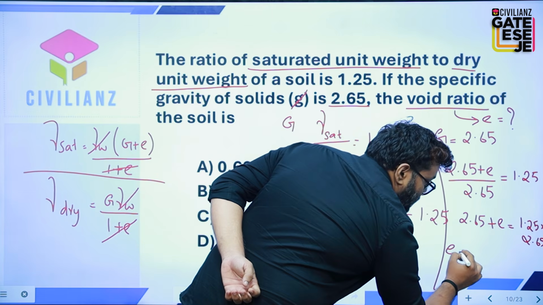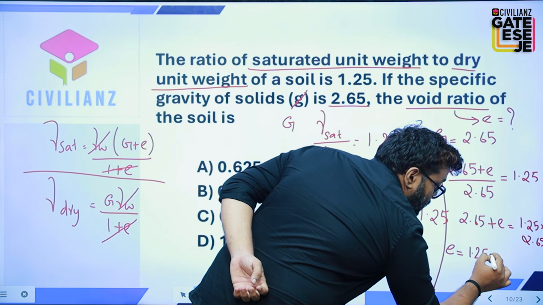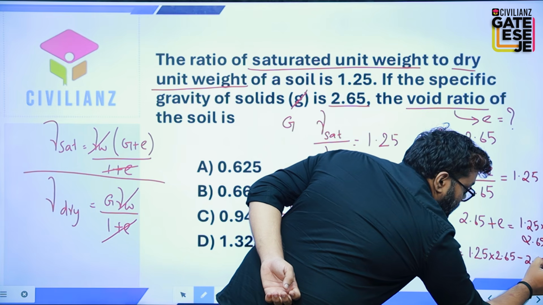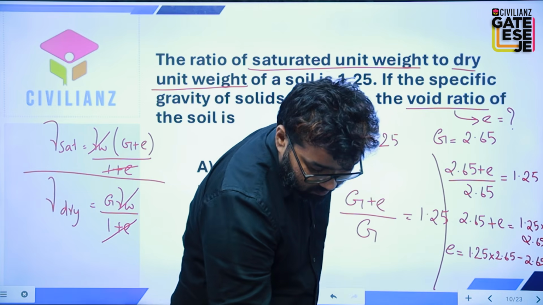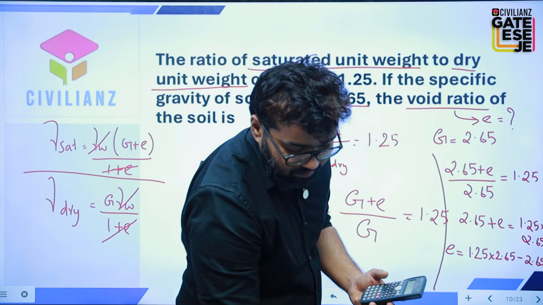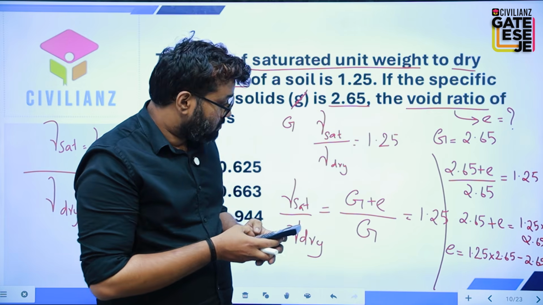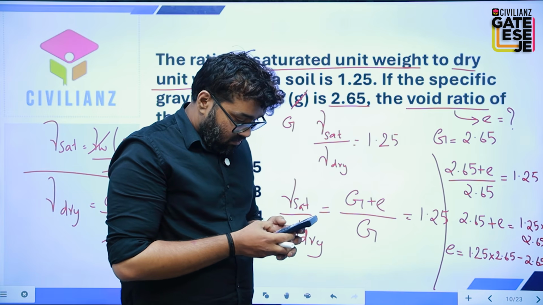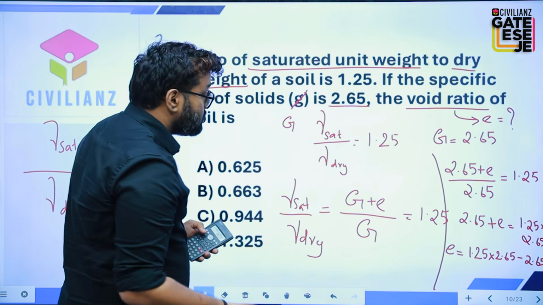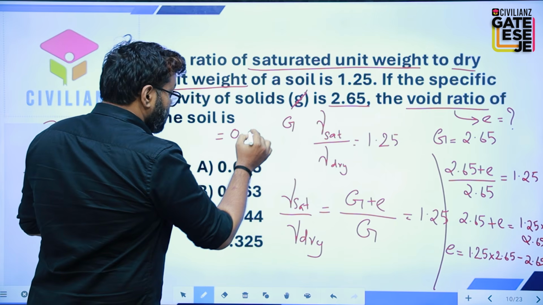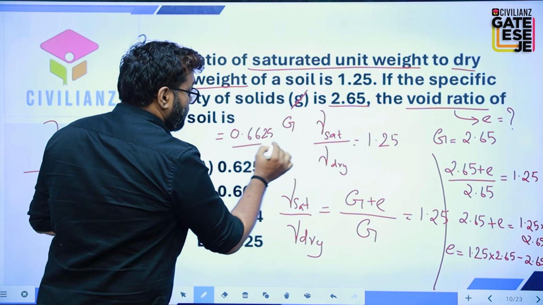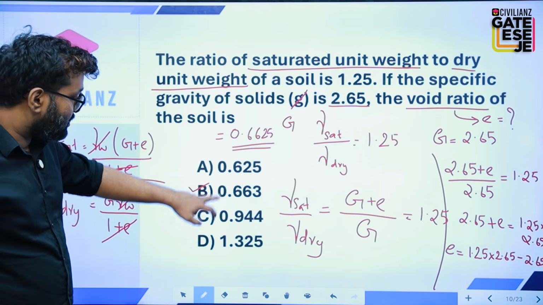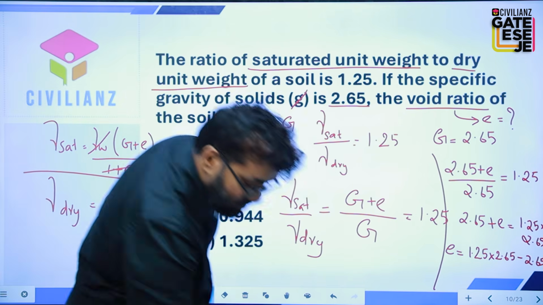So e is equal to 1.25 into 2.65 minus 2.65. The value is 0.6625. So the correct answer is option C. Do not confuse this with option A, okay? Next question.